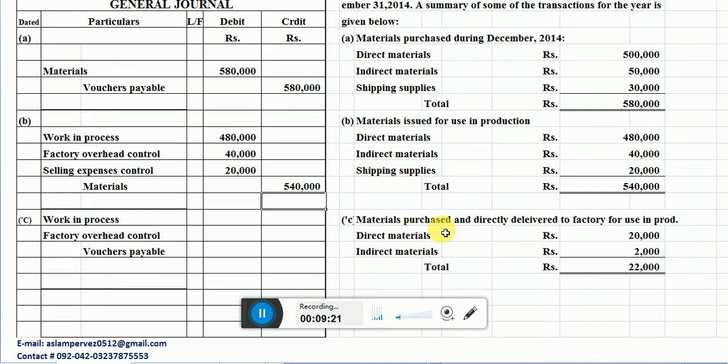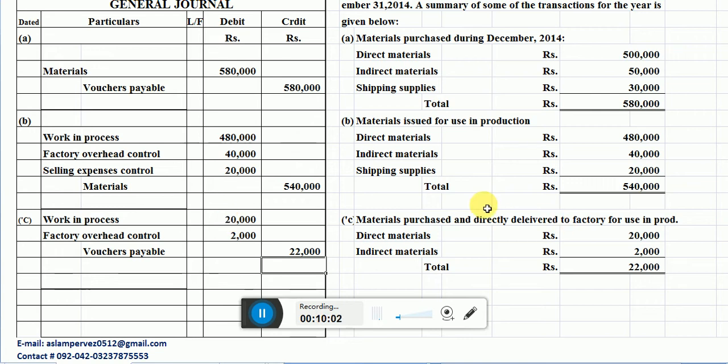So the entry will be passed here as work in process for the direct material cost 20,000 rupees, and the indirect material belonging to the factory overhead control, which is 2,000 rupees here, and the voucher payable is credited here 22,000 rupees. This is the entry which is passed directly against the material because material is directly used in production.